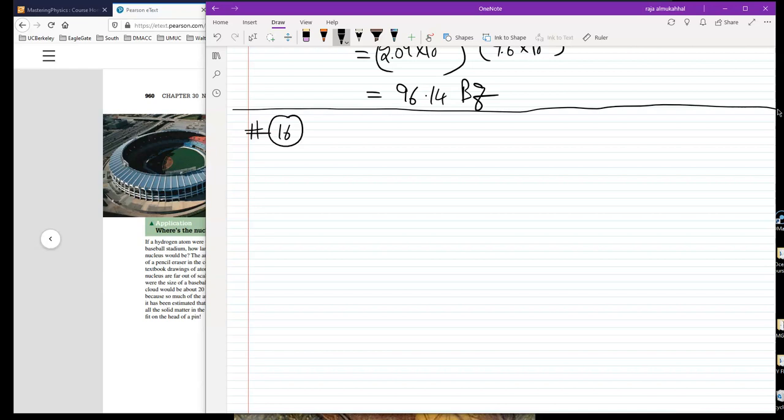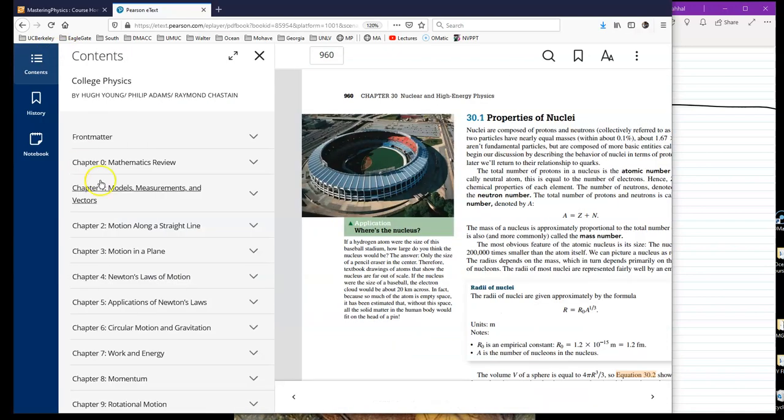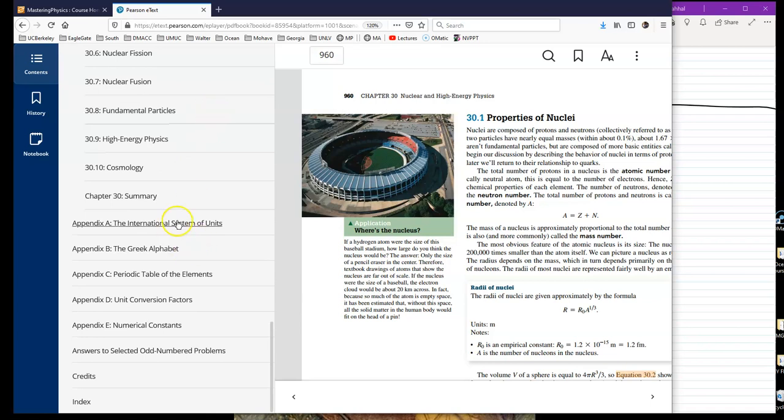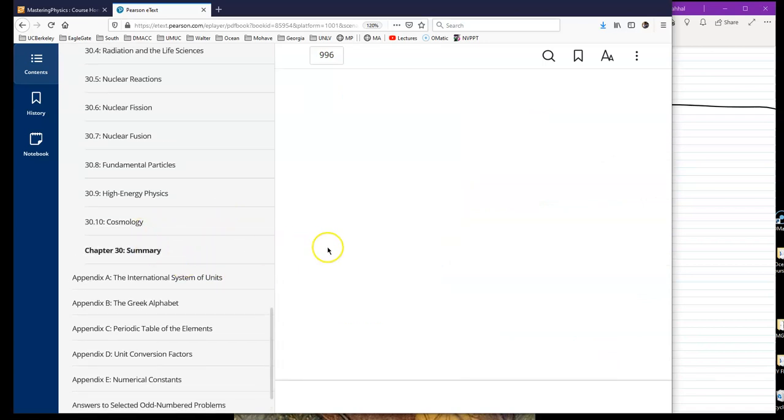Number 16. Oh, I need to go to the book. We are in the last chapter of the book. Congratulations, guys. Summary. What is the homework? Number 16 should be right here.